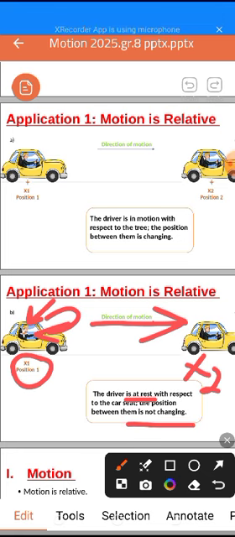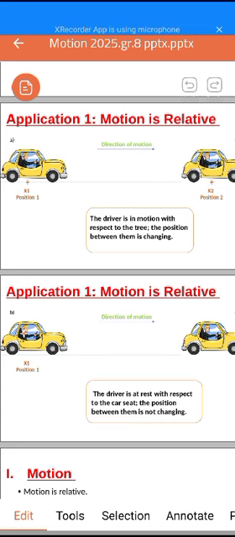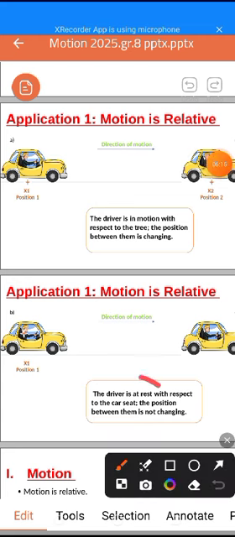So, the same driver with the same example appeared to be at rest and in motion at the same time. In example B, he's at rest, and in example A, he was in motion, when we changed his reference frame. So, the motion depends on the reference frame that we choose.